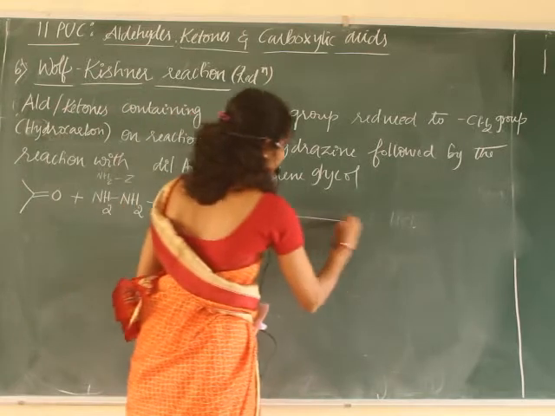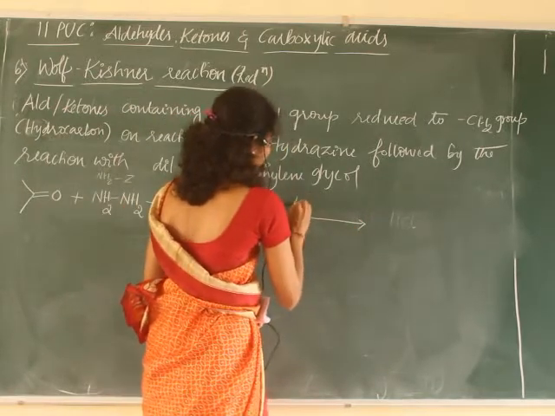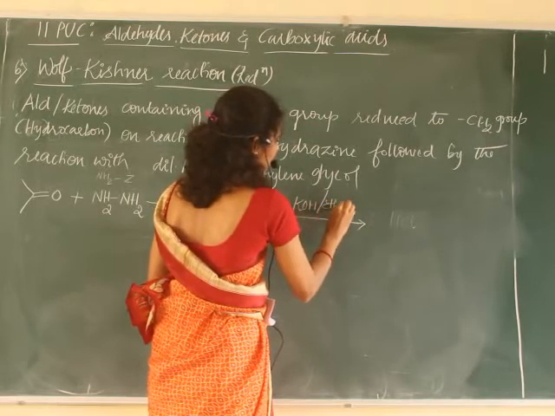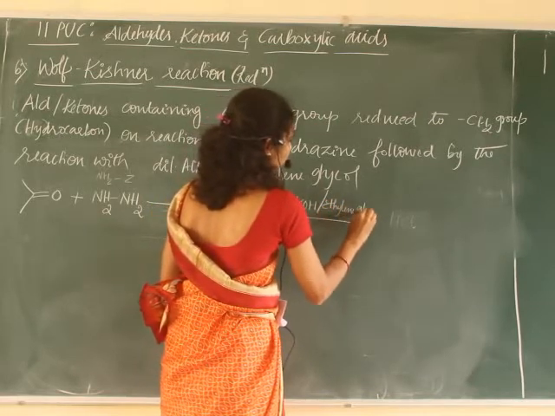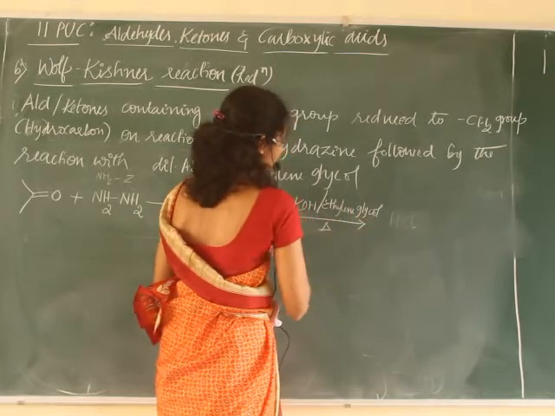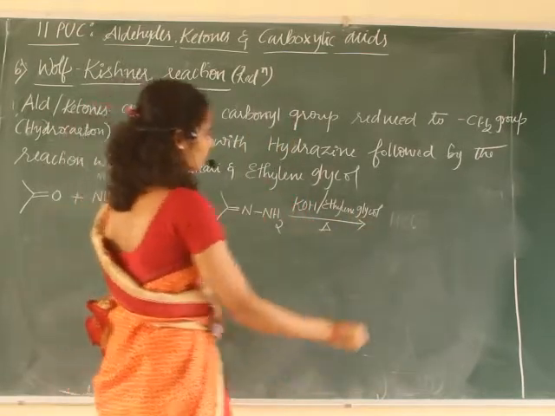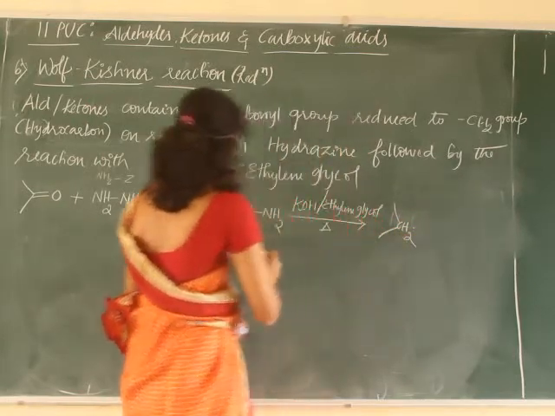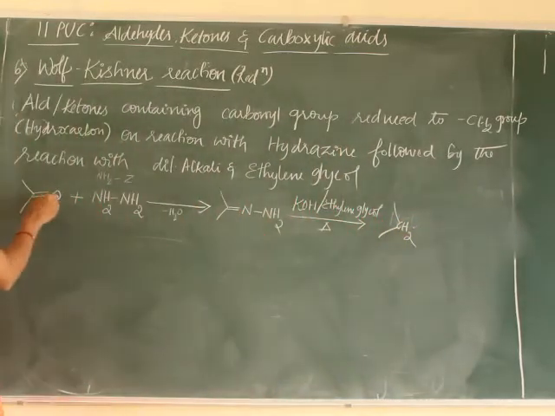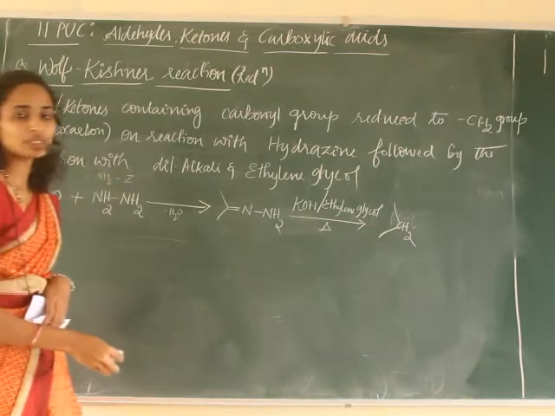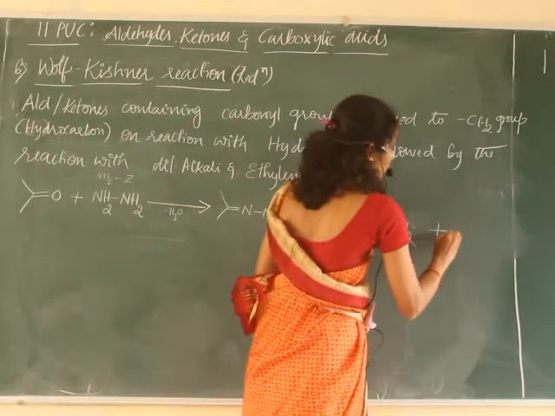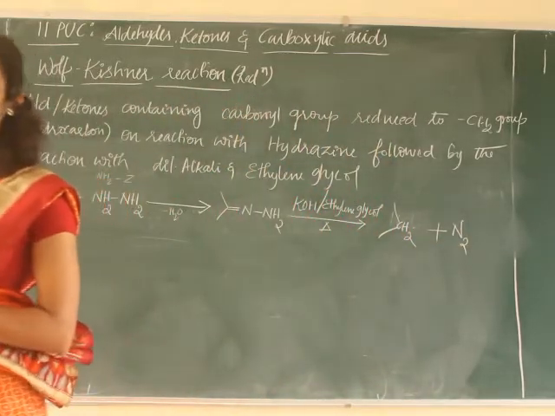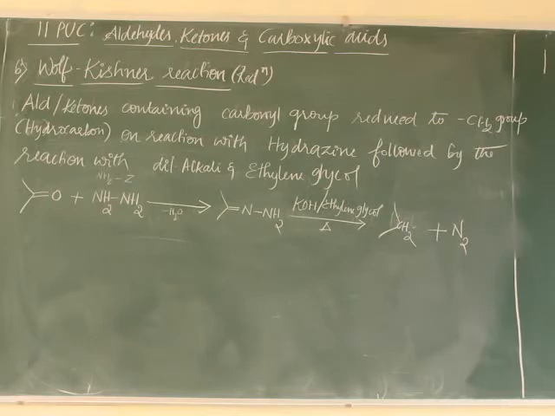On reaction with alkali, potassium hydroxide or sodium hydroxide, and ethylene glycol on heating, it gives, as usual, CH2, with the byproduct N2, nitrogen gas. This is about the Wolff-Kishner reduction.